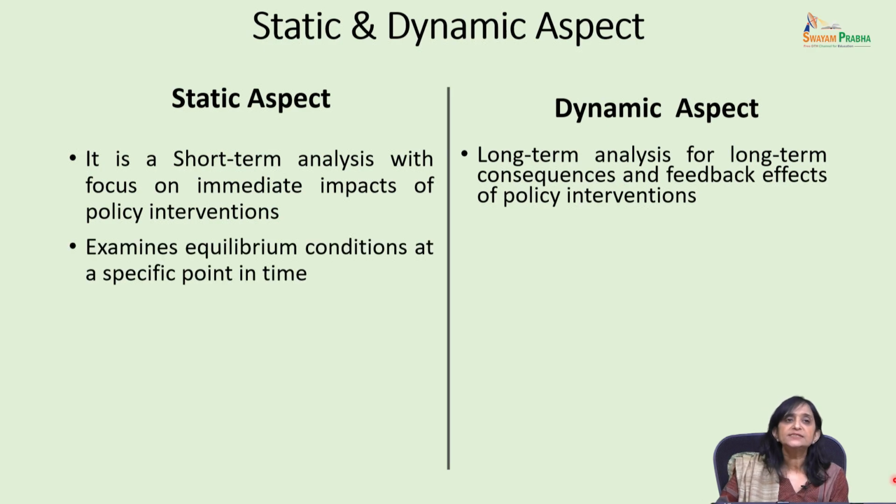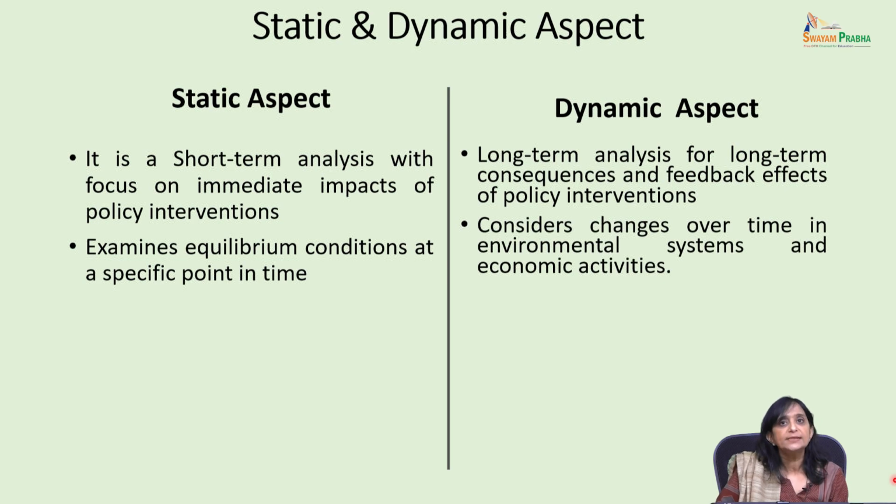Similarly, in the static aspect, we examine equilibrium conditions at a specific point of time, that is, as on date. What is happening in the equilibrium is studied under static. Whereas, when we consider changes over time in the environmental system and economic activities, it is a dynamic aspect.